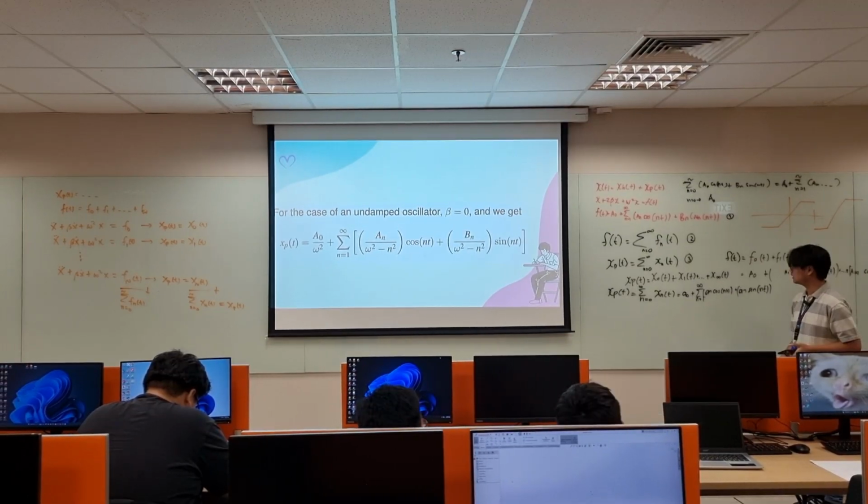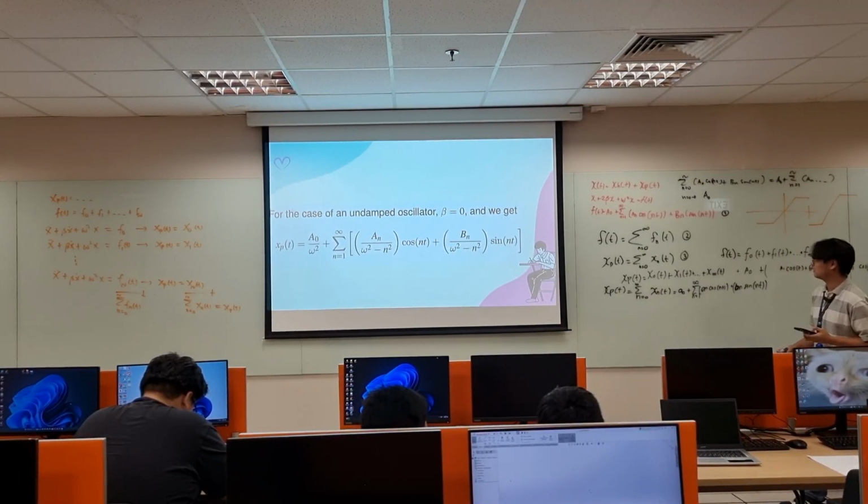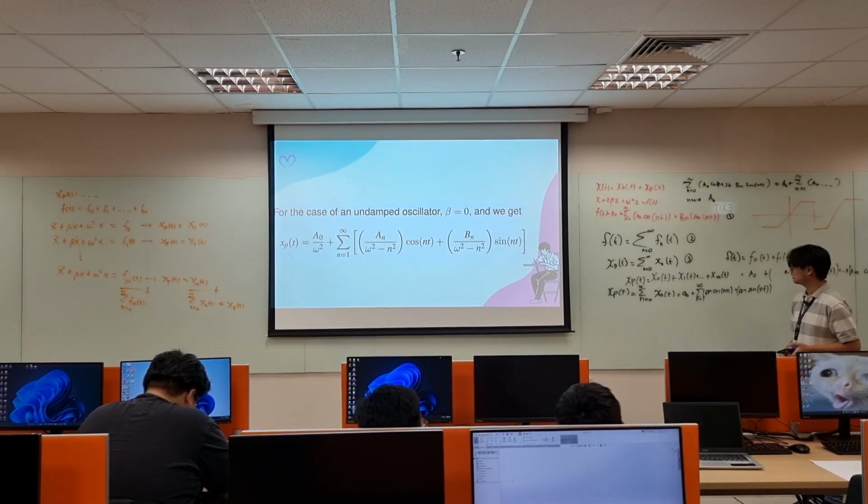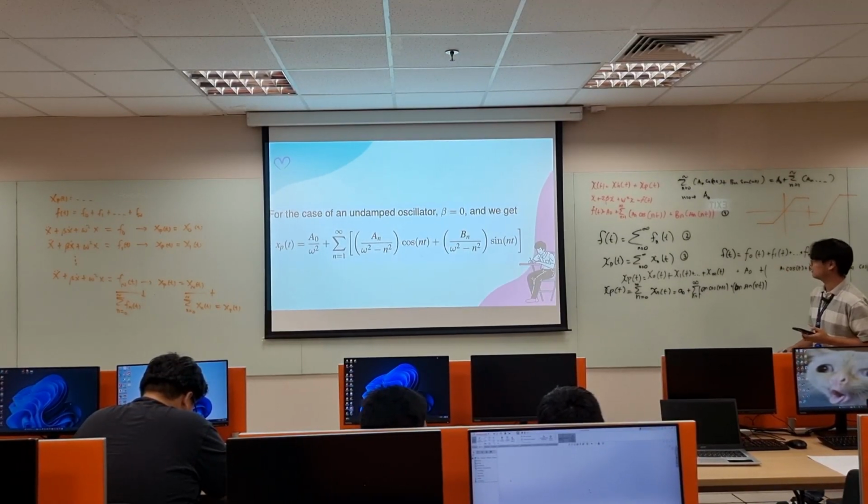That's why we arrive here, and this is the special case for beta equal to 0. For n squared xn, we replace it already. But for the x dot, we cannot replace it with xn times something because the form is not like the top one. So this is how we do it. Everything boils down to finding the an and the bn.